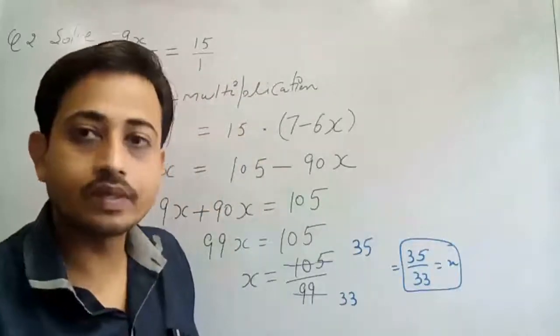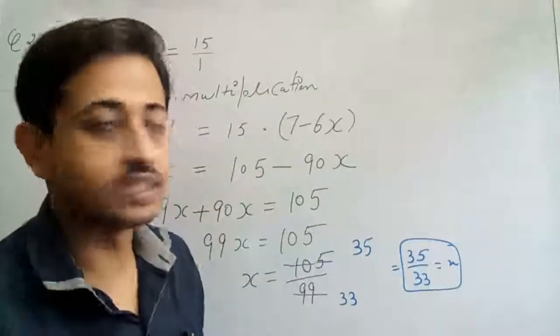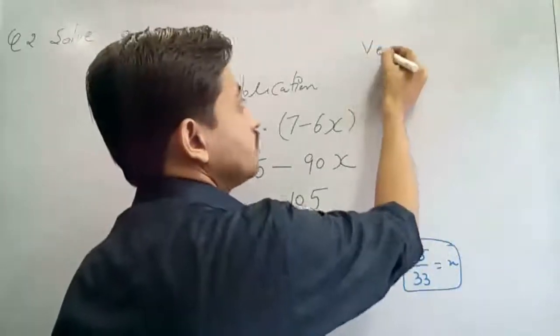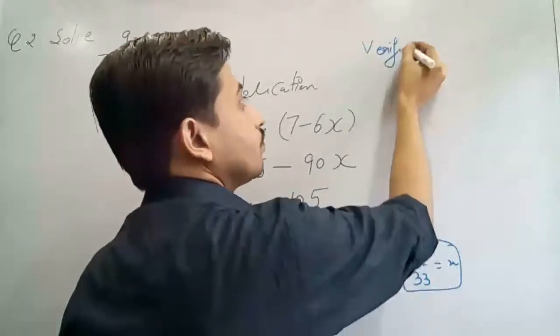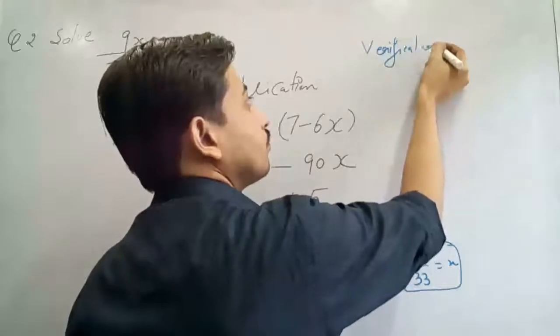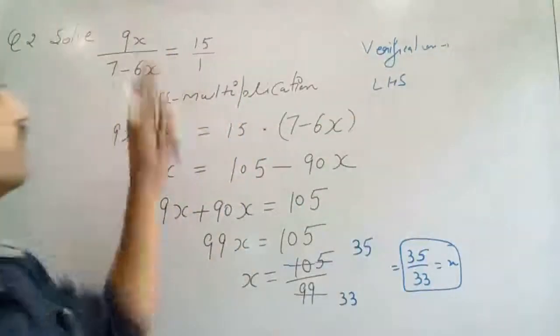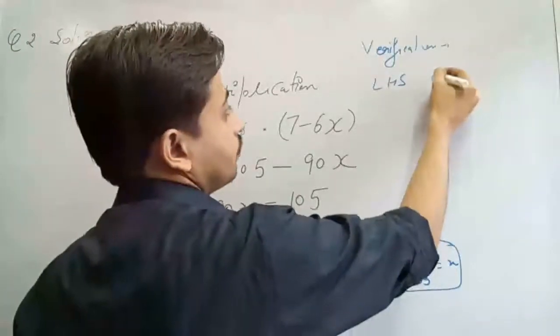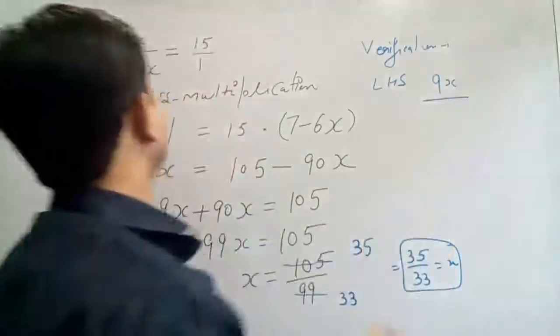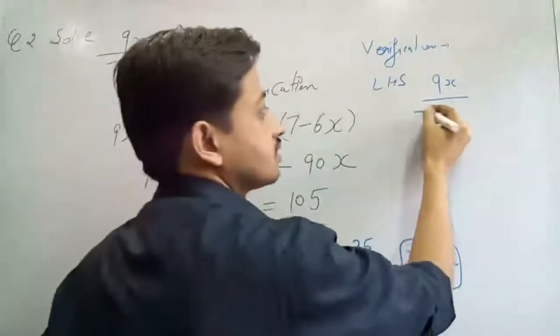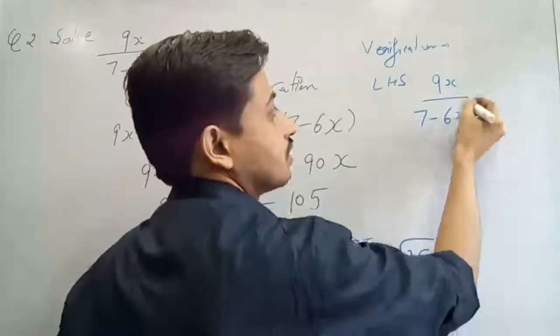Now our next step is to do verification. So I am doing verification. What is our left hand side? 9x divided by 7 minus 6x.